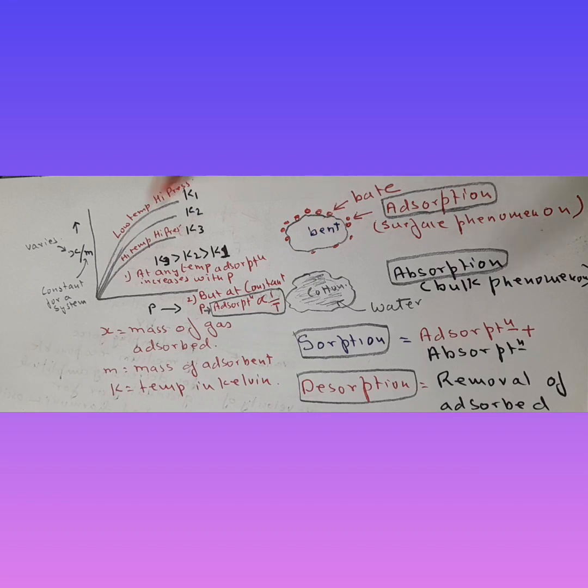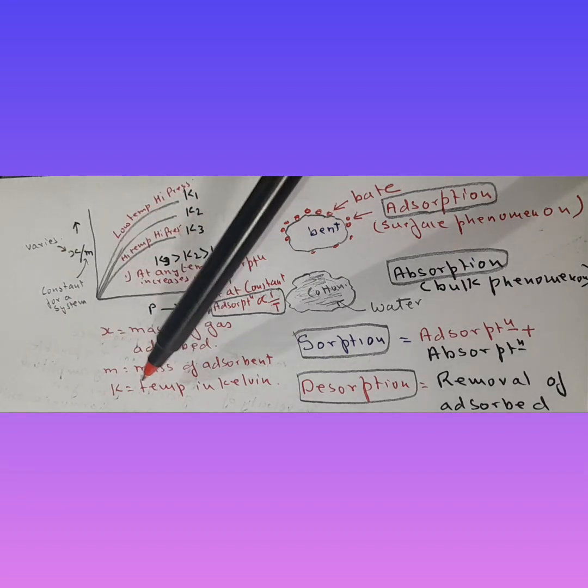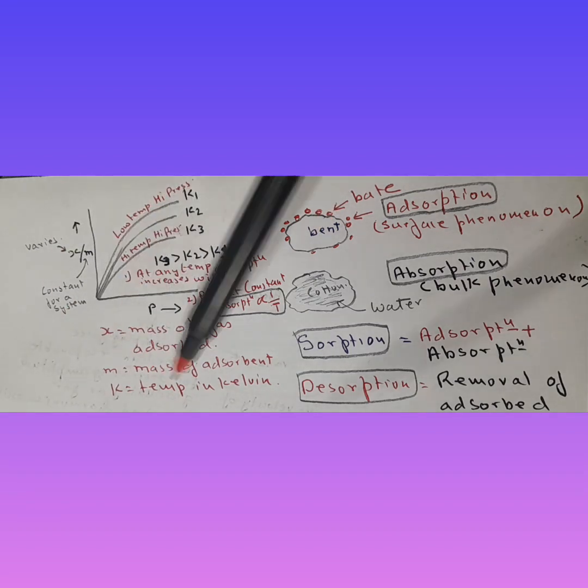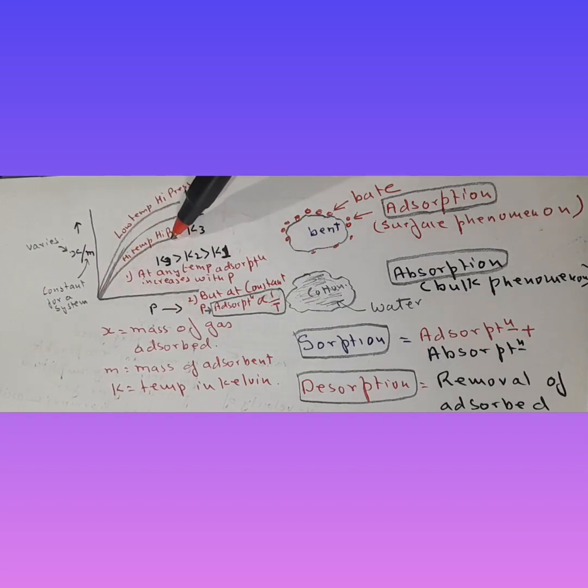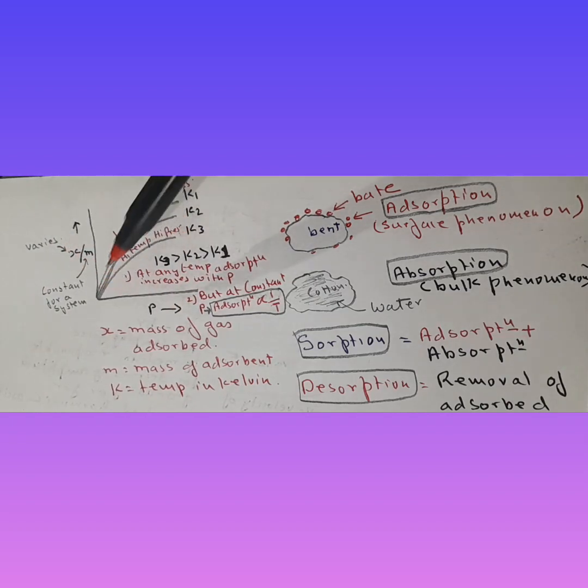All right, then what is K? K is temperature in Kelvin. Now let's pick up one isotherm. Isotherm, I presume you know, is when a process is carried out at constant temperature. This has been carried out at a particular temperature, and this has been carried out at a lower temperature.